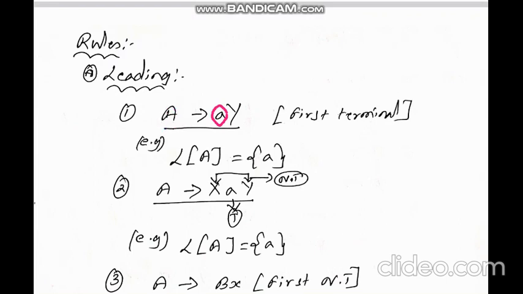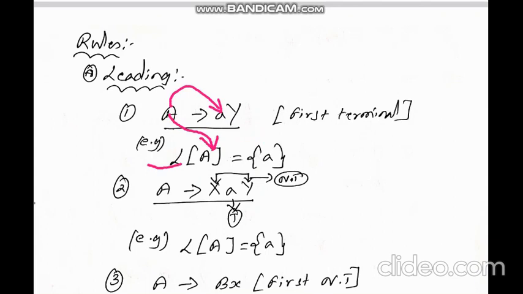If you find this kind of production in any given grammar, then L stands for leading, so leading of capital A is equal to small a. This is the rule to find the first terminal in leading.